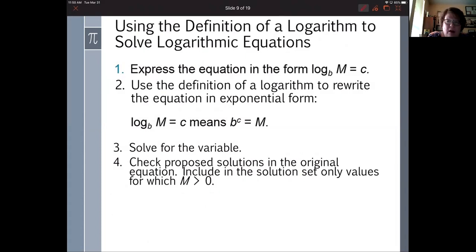When you solve a logarithmic equation, you must check your solutions. Unlike exponentials, whose domain is the set of all real numbers, remember from section 4.1, we deliberately restricted the base to be positive and not equal to 1, so that the domain of the exponential is the set of all real numbers.